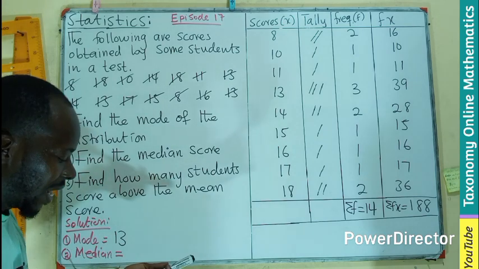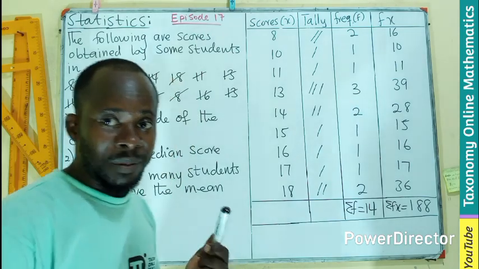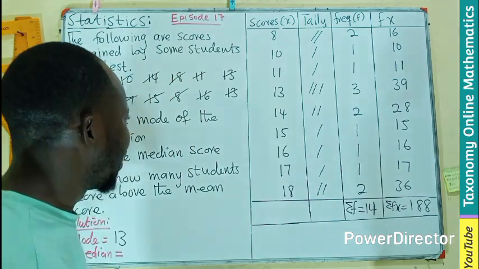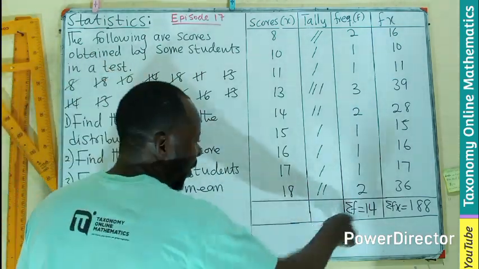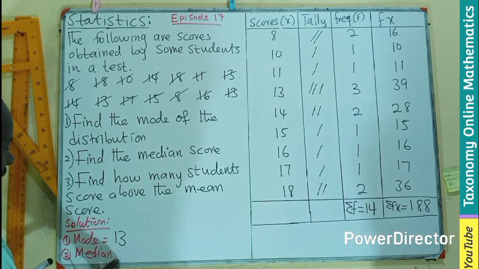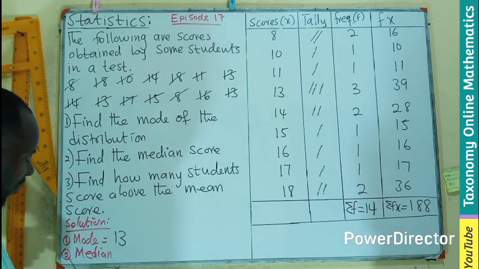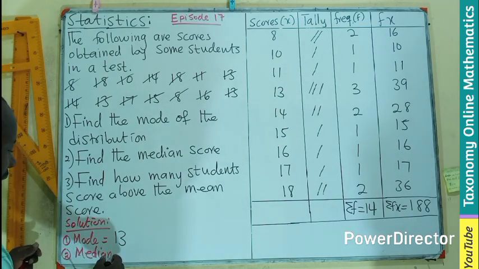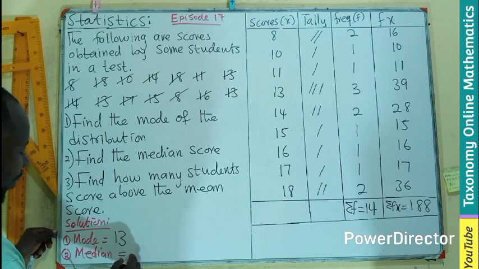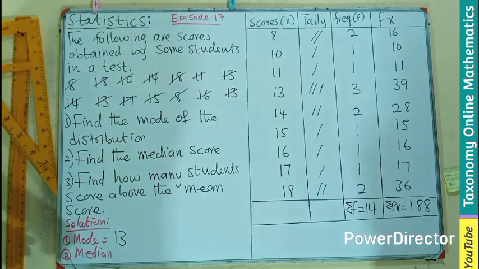Median also is the middle number, right? The middle score. And in this case, let me give the formula directly. We don't have space, so let's clear the top and add it.